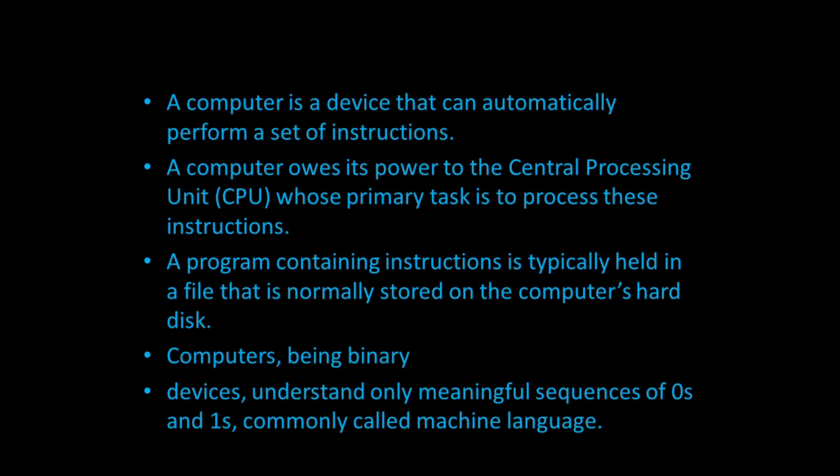A program containing instructions is typically held in a file that is normally stored on the computer's hard disk, a form of memory. To execute this program, the contents of its file must be loaded into main memory, another form of memory. The data also get loaded, either with the program or when demanded by it.